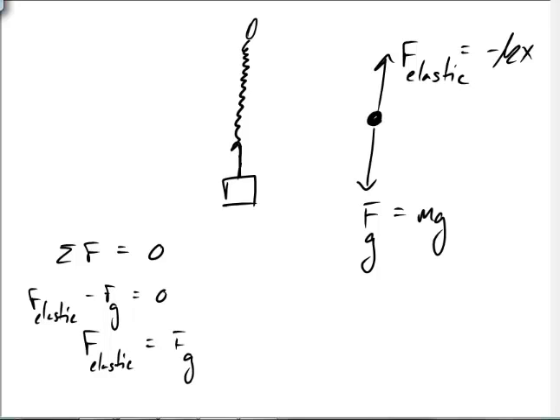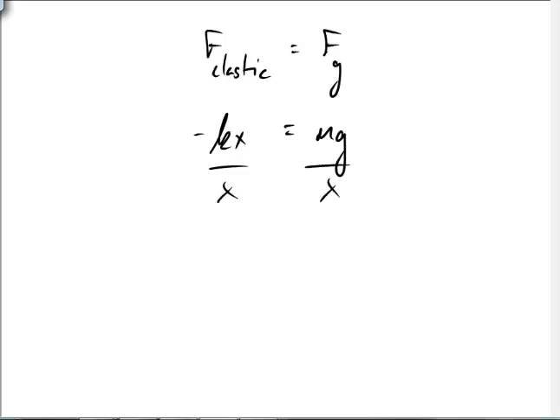Correct. And so if we continue that train of thought, we would say negative kx is mg. We can't get away with canceling mass because there's no mass term over here. We've gotten somewhat used to that. And the spring constant here is actually calculated by dividing out x.